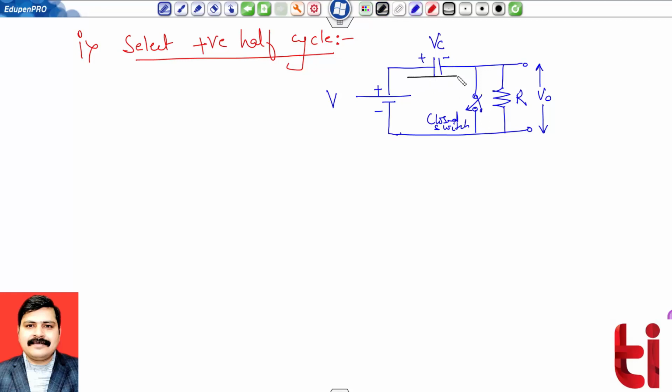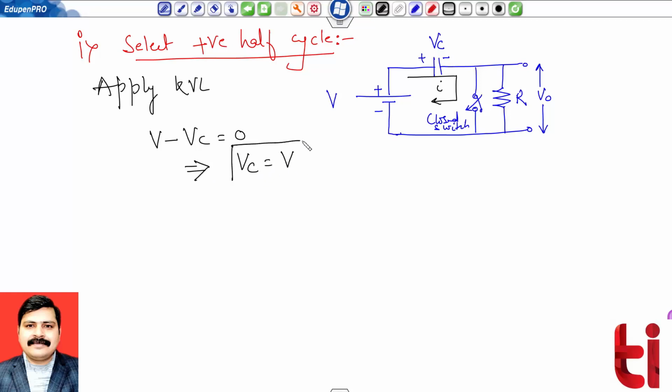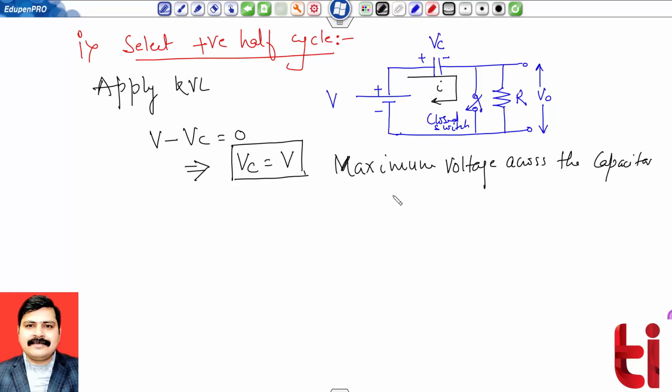Now, if you can see that if I am applying KVL to this loop, apply KVL. So it is V minus Vc will be equals to 0, which is clearly indicating that the value of Vc equals to V. That means maximum voltage across the capacitor Vc will be equals to V volts.